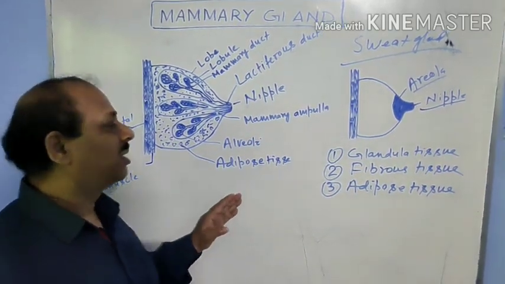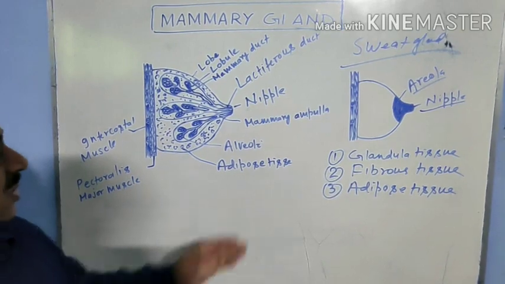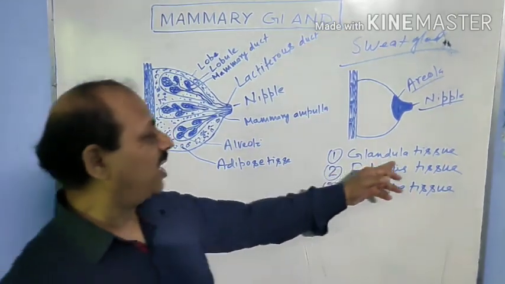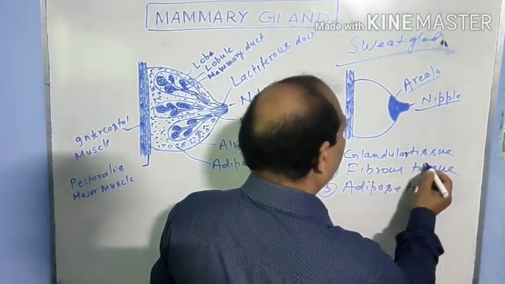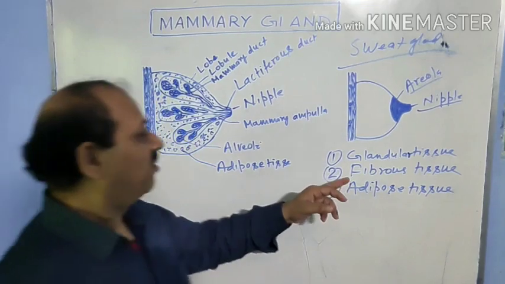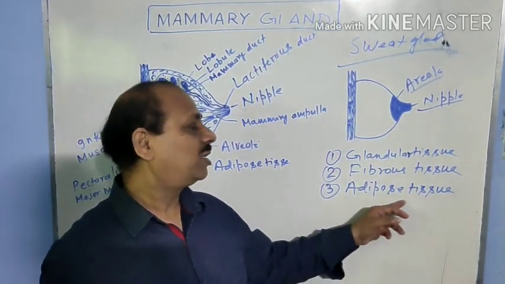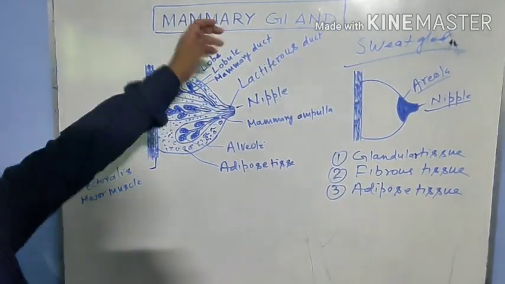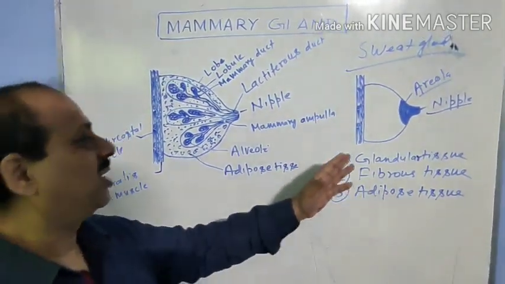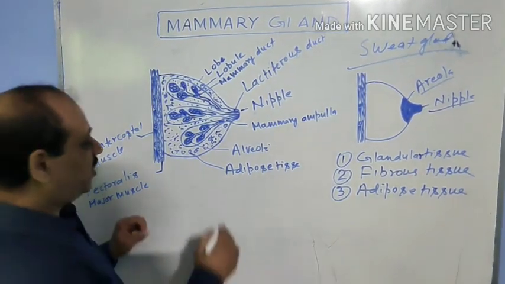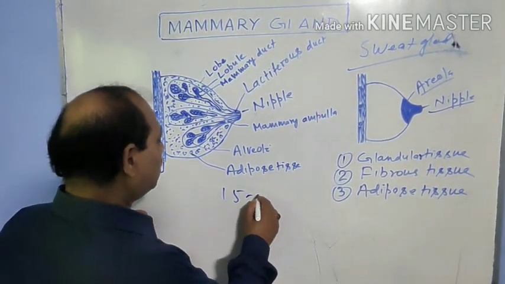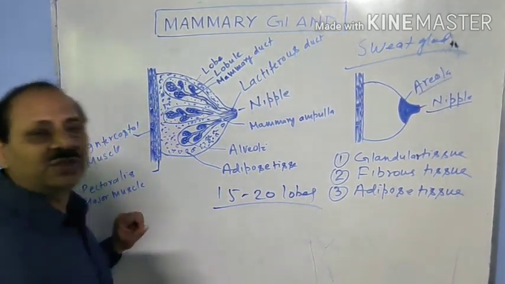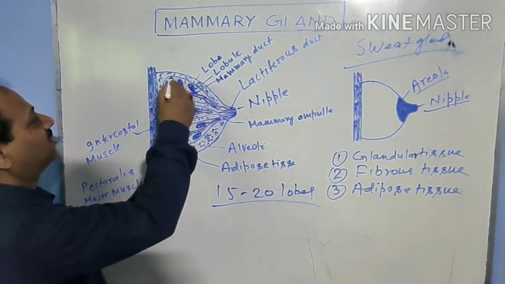Mammary gland consists of three types of tissues. First, glandular tissue, fibrous tissue, and adipose tissue. Glandular tissue or mammary gland can be divided into 15 to 20 lobes. Lobes mean chambers, like this.